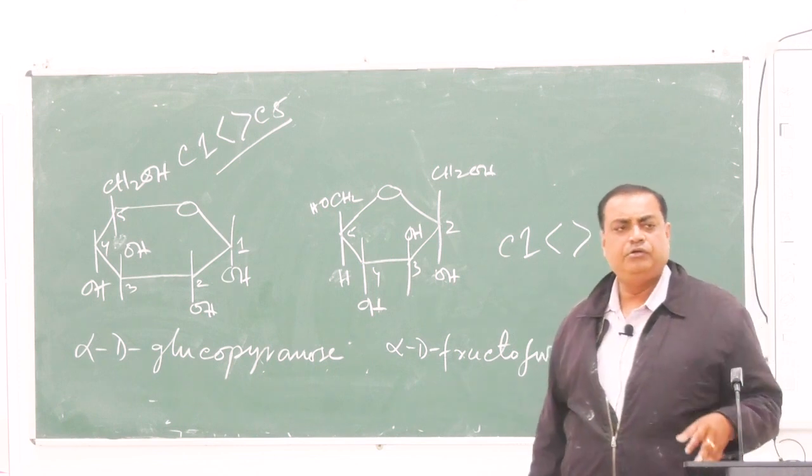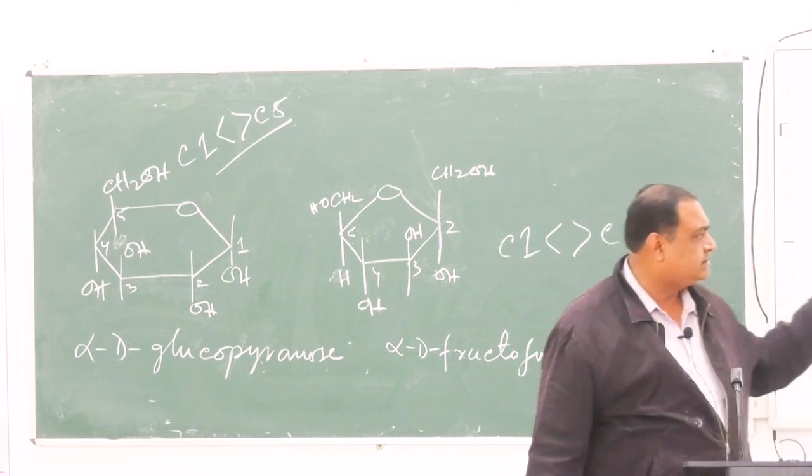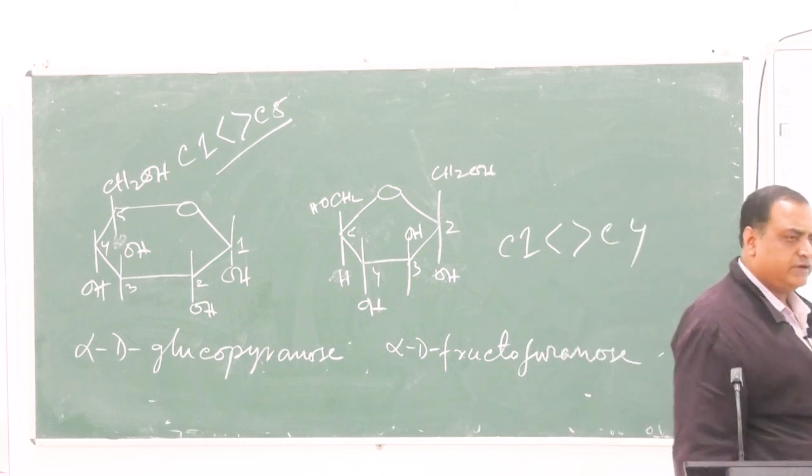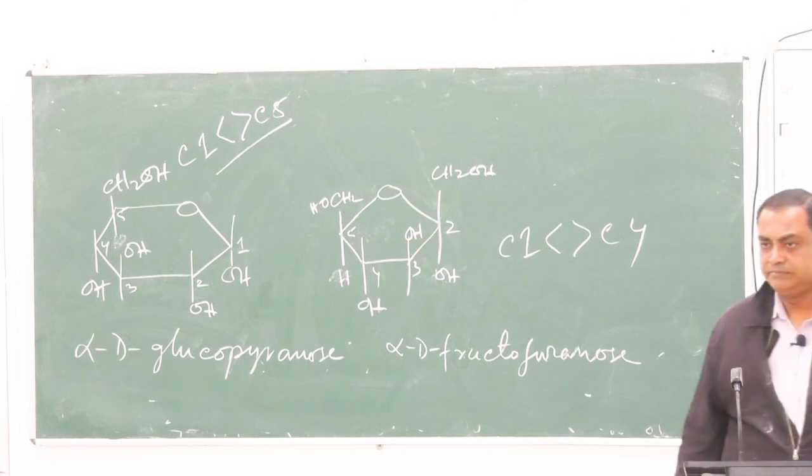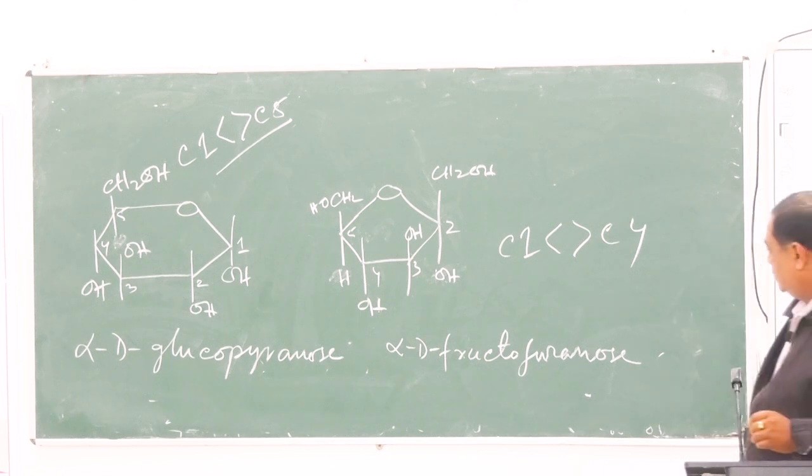So you should be able to recognize by seeing the structure. Yes, this is glucopyranose, this is fructofuranose, this is glucofuranose, this is galactofuranose. How do you remember? Remember how to draw the structure. That's all. When any structure is given, you can draw. You know? The rule is same for all molecules, for drawing similar molecules. This is the beauty of organic chemistry. Correct?